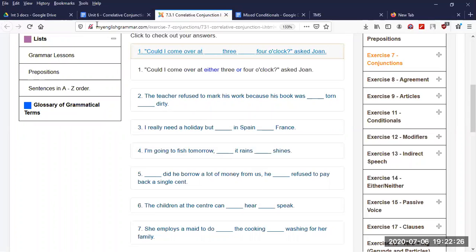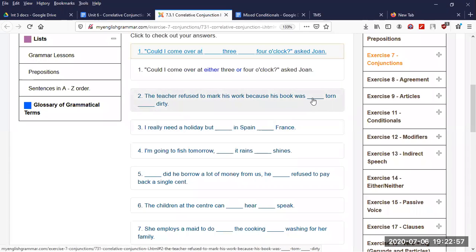Anyone? Both and, yeah. So we are joining the two things, torn, dirty. So the book was torn and dirty.